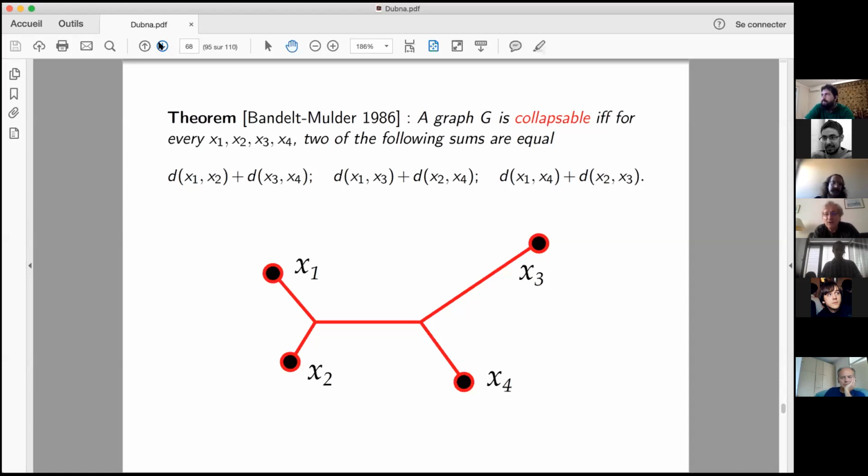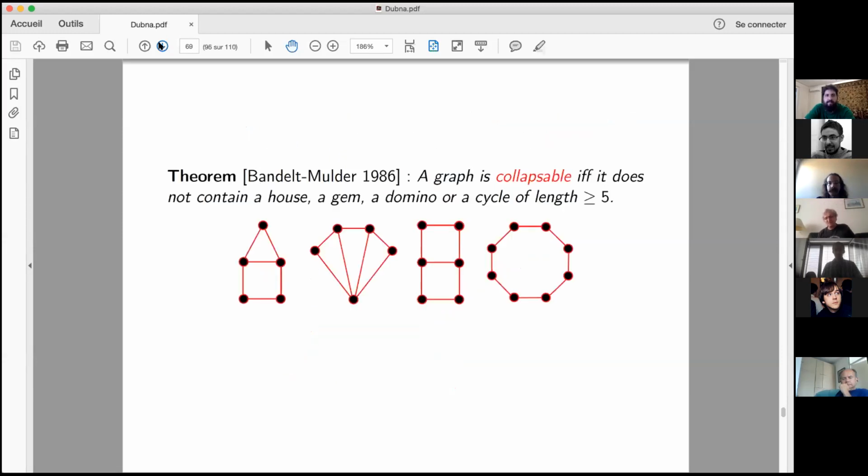And it turns out that the graph is collapsible if and only if each time you choose 4 vertices, among these 3 numbers, 2 of them are equal. That's the definition. And this is equivalent to being collapsible. And finally, the most beautiful theorem due to Bandelt and Mulder is that you can characterize collapsible graphs by forbidden configurations.